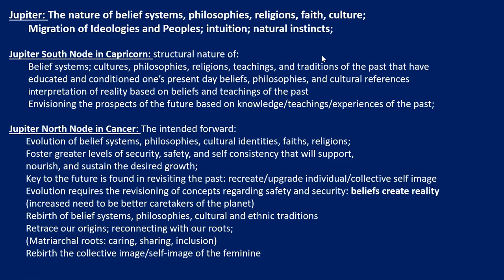We need to retrace our origins and reconnect with our roots, come back to that matriarchal consciousness, and that is caring, sharing, and inclusion, not primitive at all, but to be able to align with what is most natural for ourselves in terms of what is going to supply us with the proper nourishment, right? The rebirth of the collective image and self-image of the feminine, that's definitely something that is very necessary to do now, right?